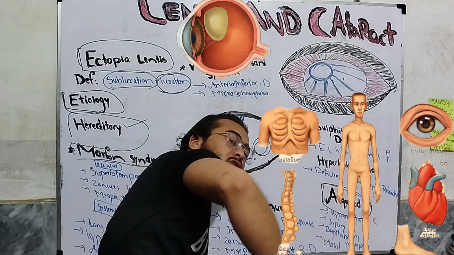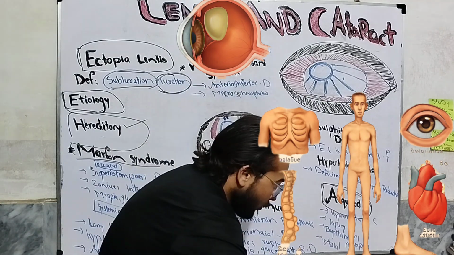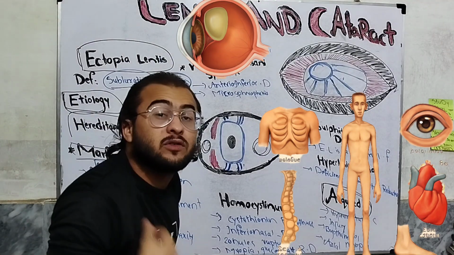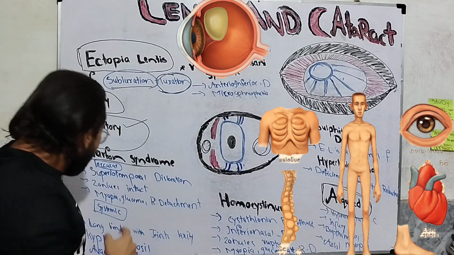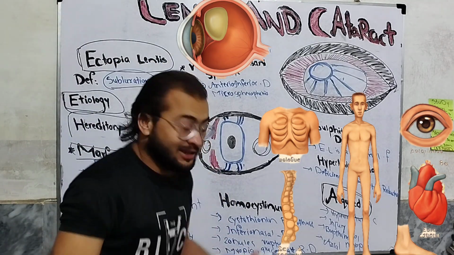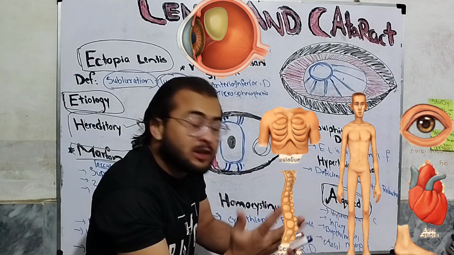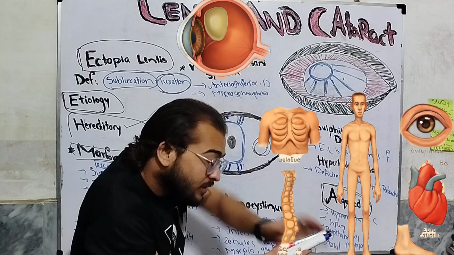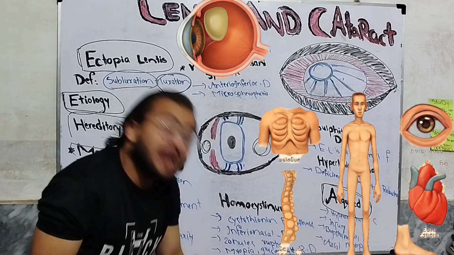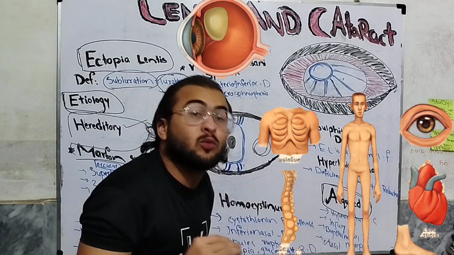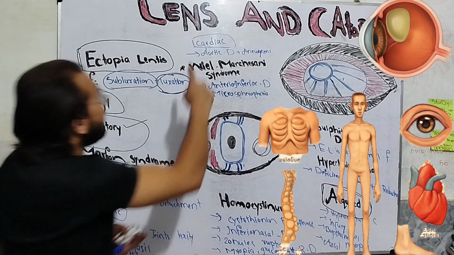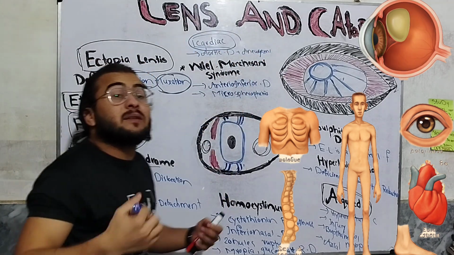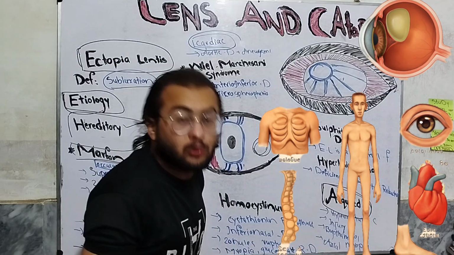So we will have kyphoscoliosis in Marfan syndrome, and we will have arachnodactyly. What is arachnodactyly? The fingers and toes will be longer than the circumference of the palm and sole. And the cardiac features in Marfan syndrome are aortic dilation and aneurysms.